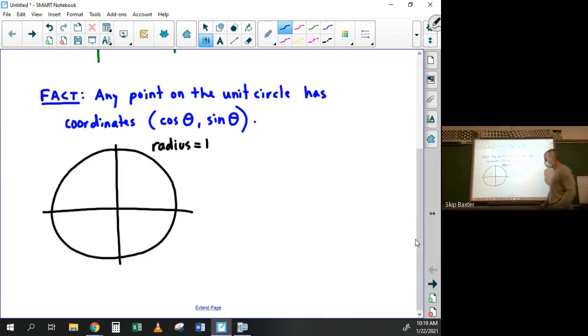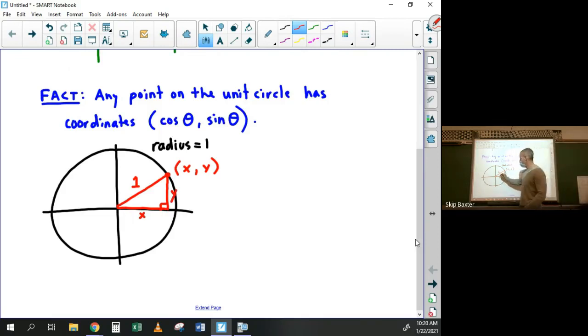So if we have a point on the unit circle, like this point right here, let's just say it has coordinates x, y. I know this distance is 1 because that's the radius of the circle. This bottom length is x, and this side length is y.